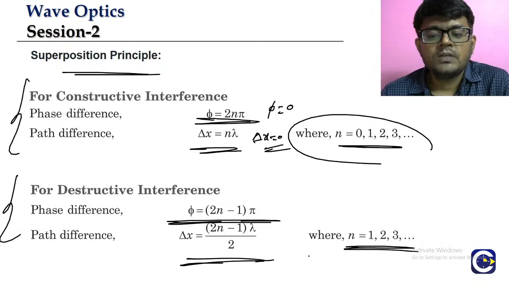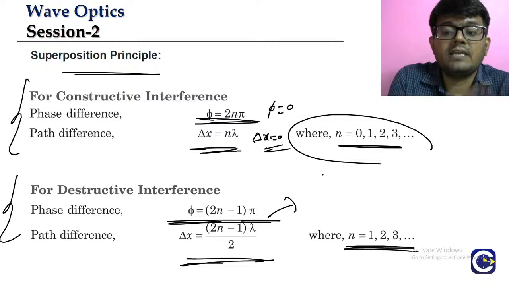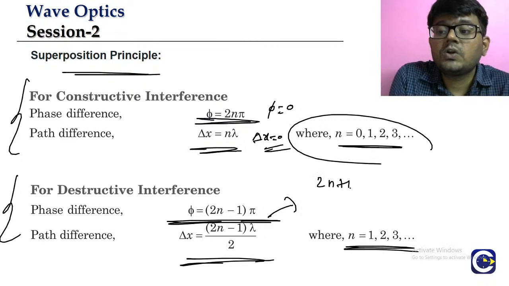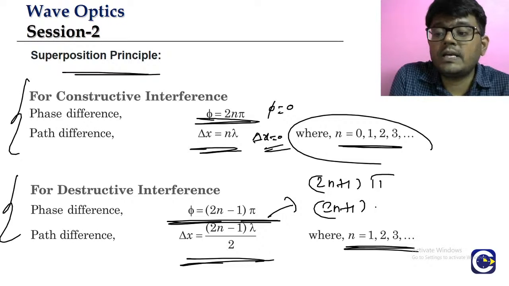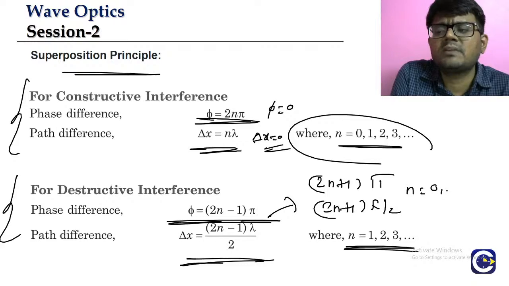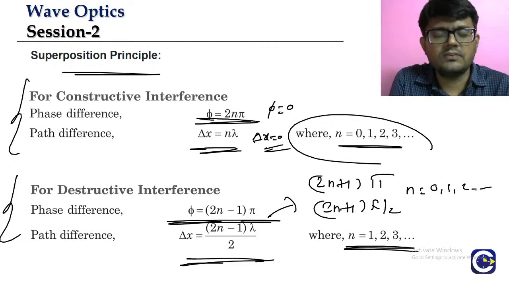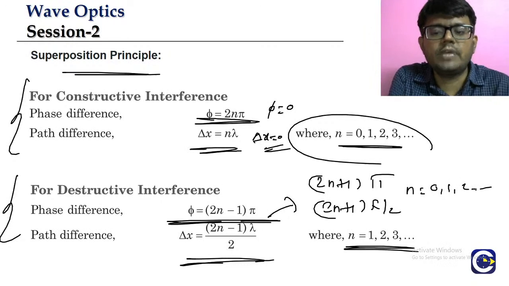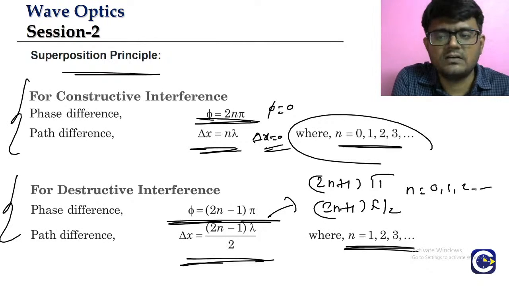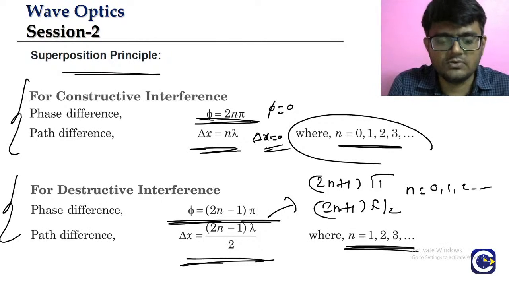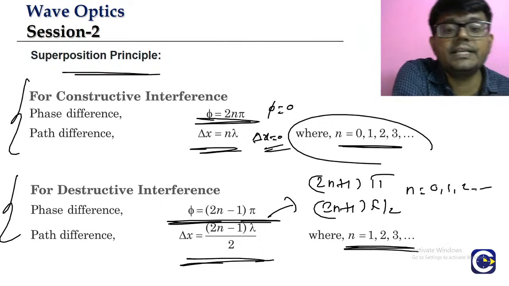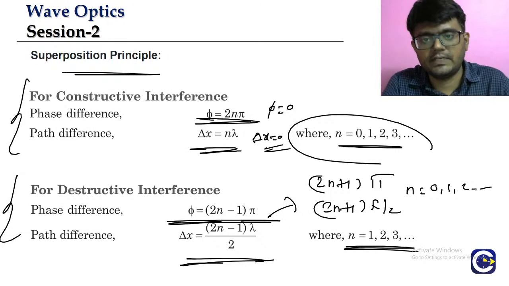In some places you will see it written as 2n plus 1 into pi, 2n plus 1 into lambda by 2, where n starts from 0. Don't think these two are different; they are the same thing. So this is about the conditions of constructive and destructive interference.